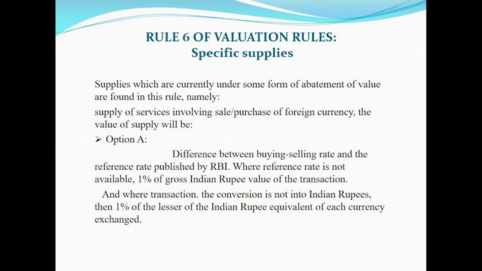And also another important point to be noted here is, where it is not possible to convert the transaction into Indian rupees, then 1% of the lesser of the Indian rupee equivalent of each currency exchanged.